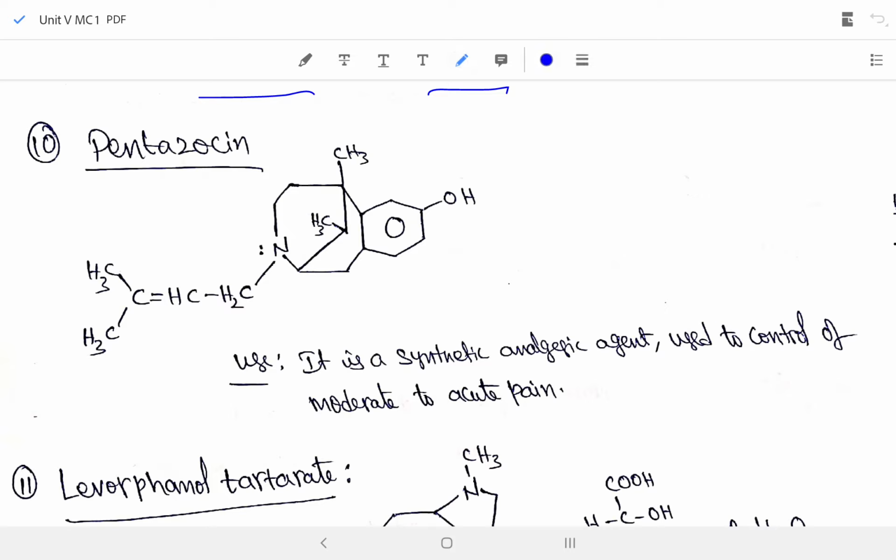Pentazocine. I have discussed this structure when I was dealing with structure-activity relationship of morphines. Pentazocine: 1, 2, 3, 4, 5 carbons, so penta.